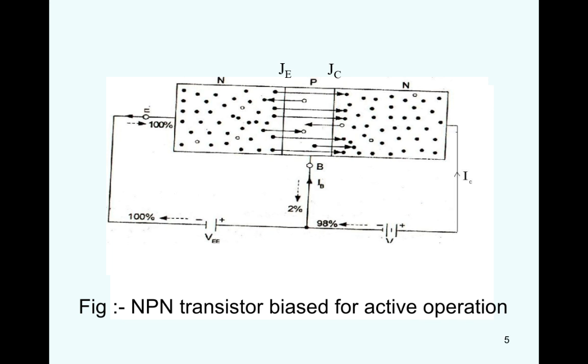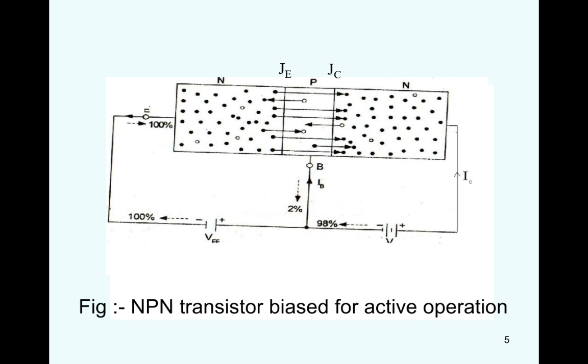Only 1 to 2% of the electrons recombine with the holes present in the base. Why? Because here we have a lightly doped base and the depletion layer of this base is very thin. That's why 99% of the electrons cross the junction and move into the collector region.